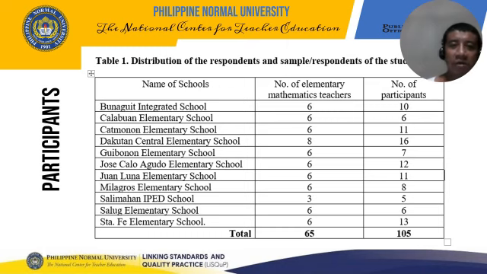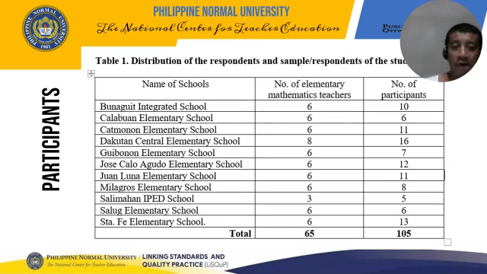Katmonon Elementary Schools, 6 elementary teachers and 11 participants. Dakutan Central Elementary Schools, 8 elementary mathematics teachers and 16 non-numerate learners as participants. Gibonon Elementary Schools, 6 mathematics teachers and 7 participants.